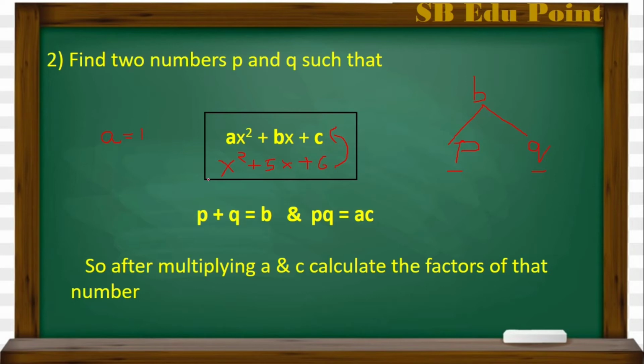If nothing is written before the variable, then take that coefficient value as 1. Then the value of b will be equal to 5 and the value of c will be equal to 6. As per the condition, the sum of the two numbers will be equal to 5 and the product of the two numbers, that is the product of a and c, will be equal to 6.